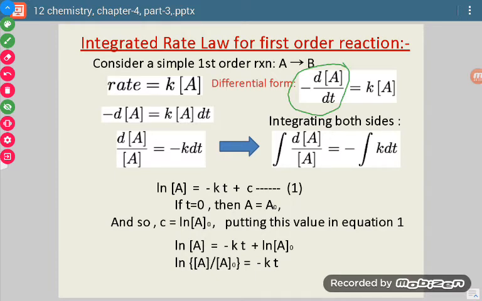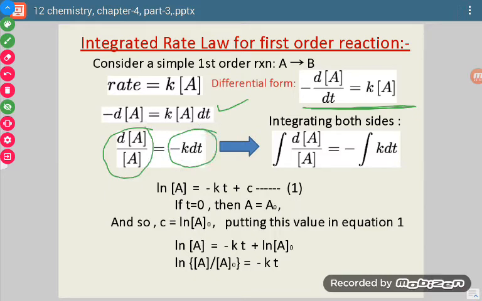Now we have got this equation. This equation can be rearranged and written as minus dA is equal to K concentration of A into dt. We will bring A this side and rearrange it, so A factors will be on one side and t on the other side. Now we will integrate it.